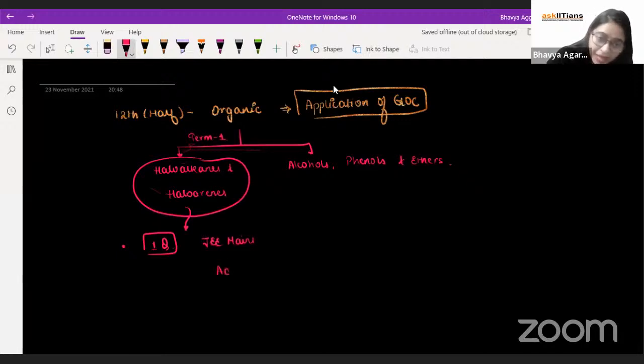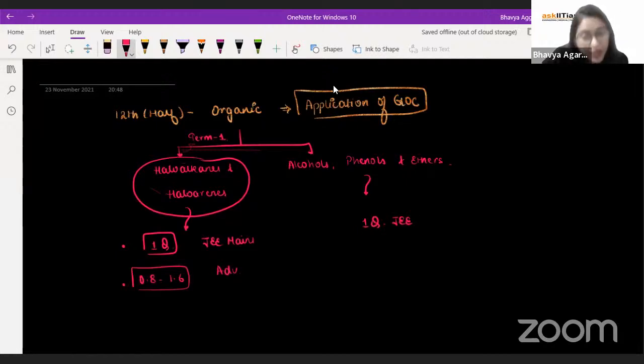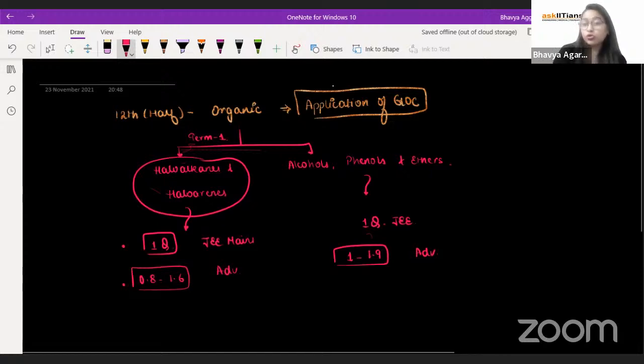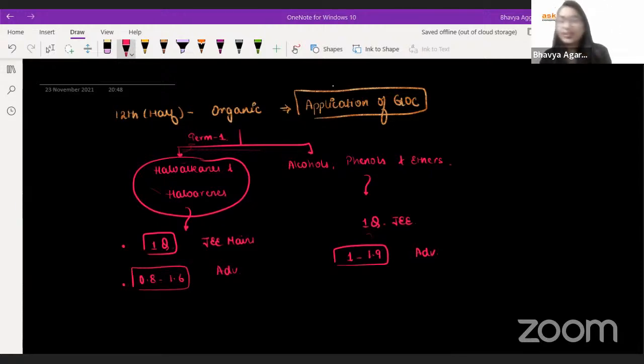And as far as Advanced is concerned, the weightage goes from 0.8 to 1.6, depending on the interlinked questions. But when it comes to alcohols, phenols, mostly 1 question is from the JEE Mains part, but when it comes to Advanced, it's nearly 1 to 1.9. So almost 2 questions can be done with the help of this particular chapter.